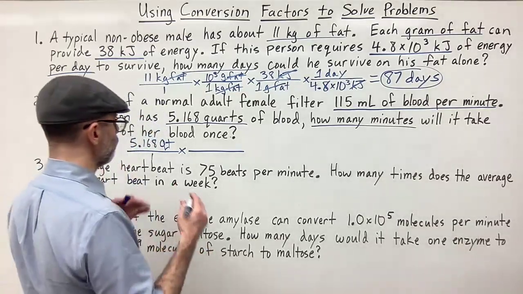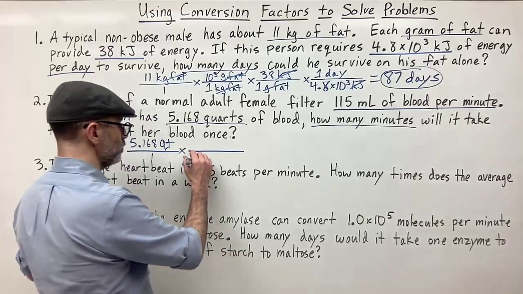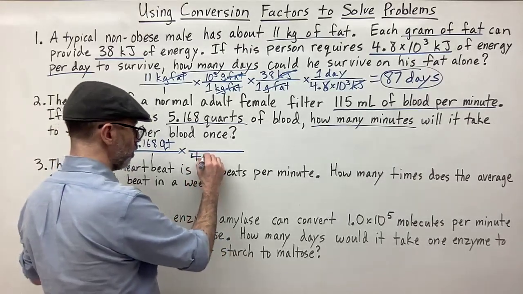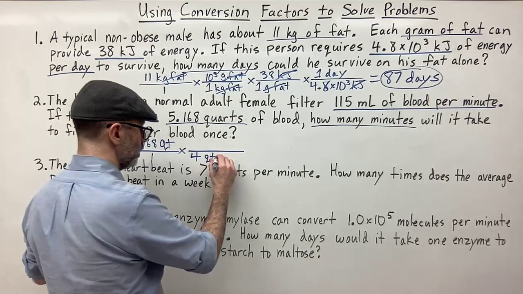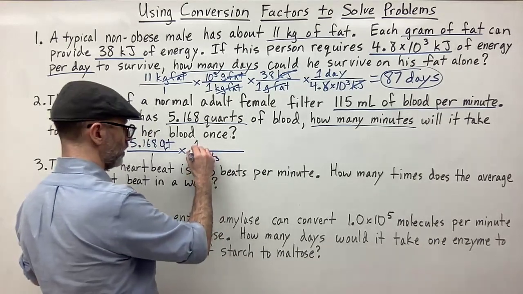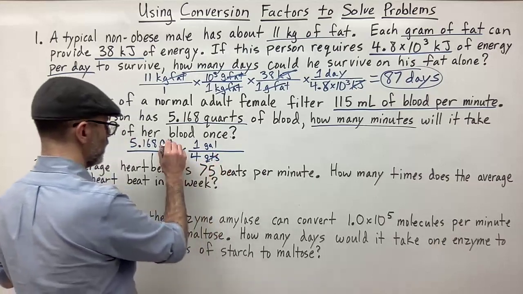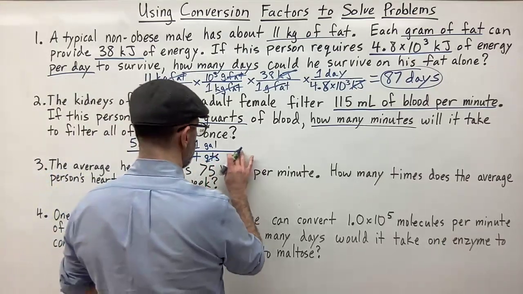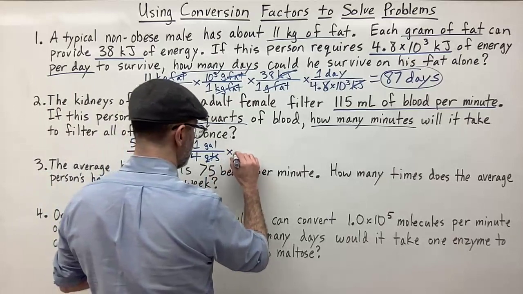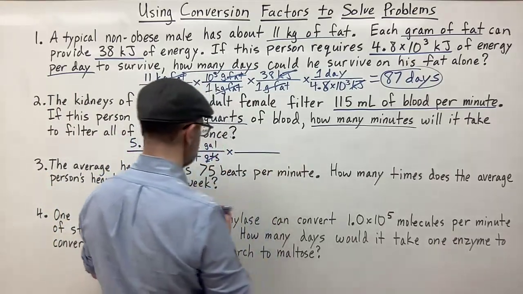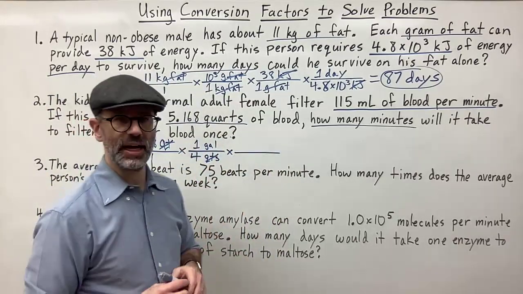I know that there are 4 quarts in a gallon, so I'm going to put 4 quarts on the bottom, 1 gallon on top. So quarts are going to cancel out.